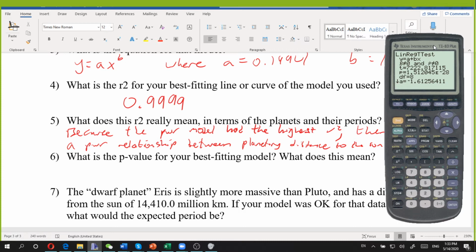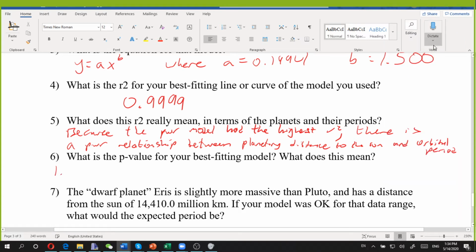We need the standard deviation to get the p-value, but they're two different things. First, what's the number for the p-value? Close. 1.5 times what?